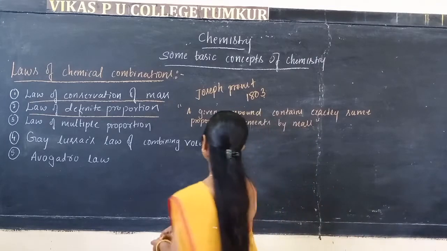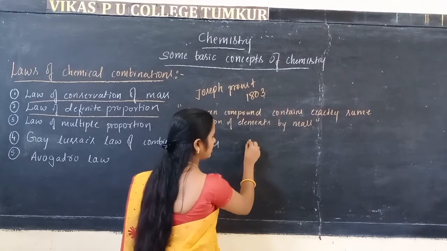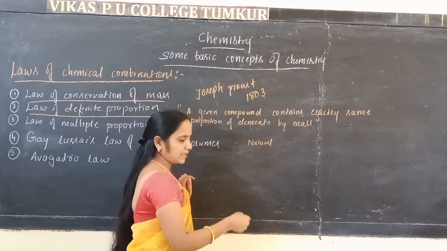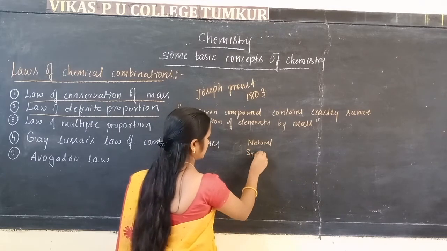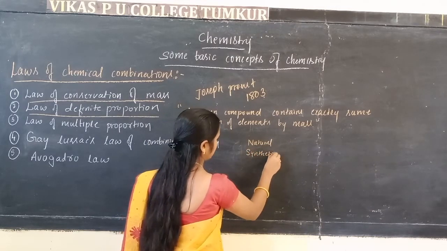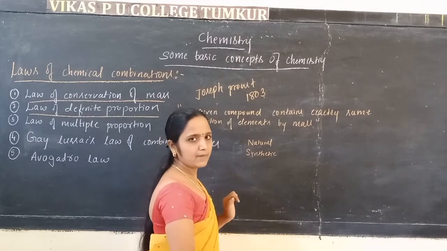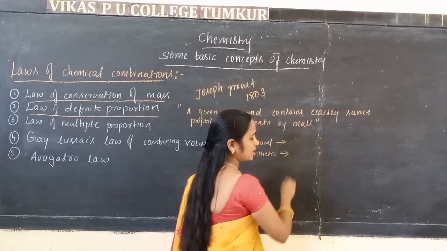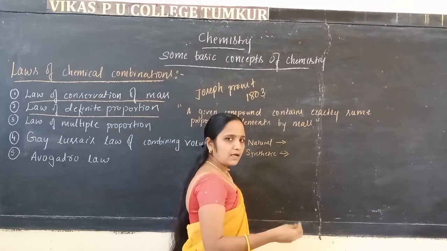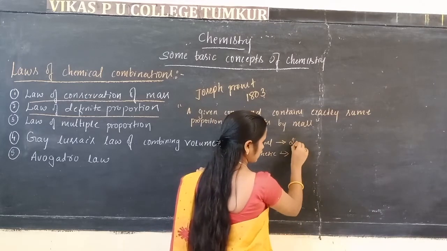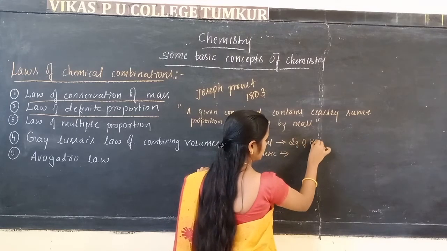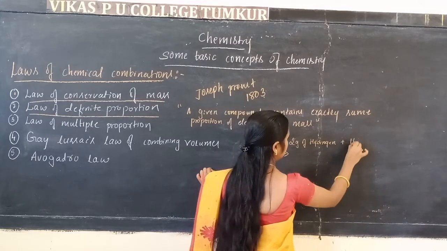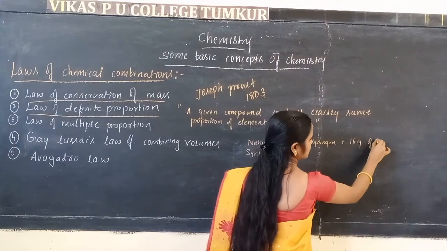So there are two things here: the natural method and the synthetic method of obtaining the product. In the natural method, we obtain water from lakes, and it contains 2 grams of hydrogen and 16 grams of oxygen.